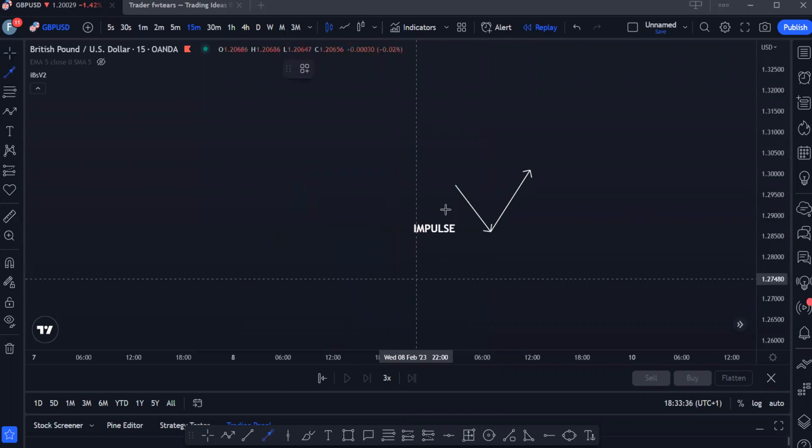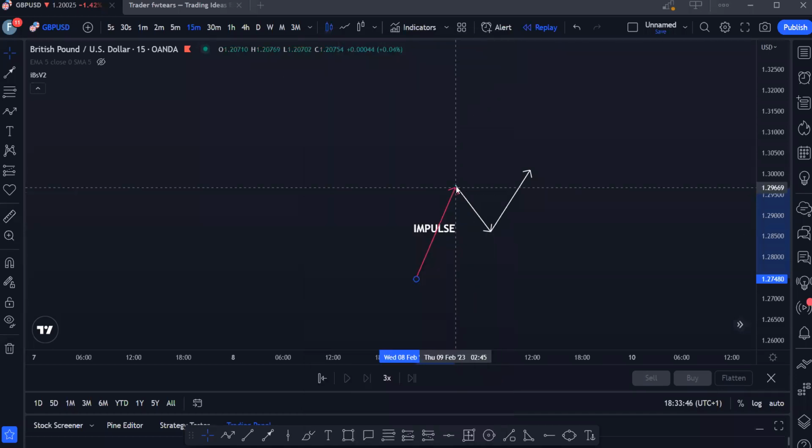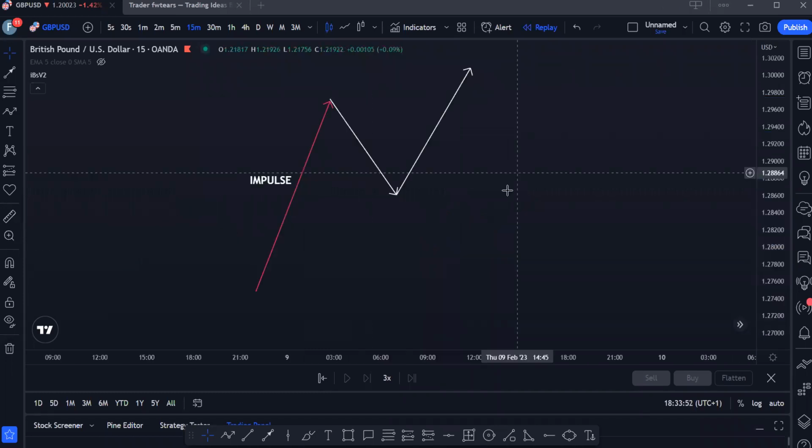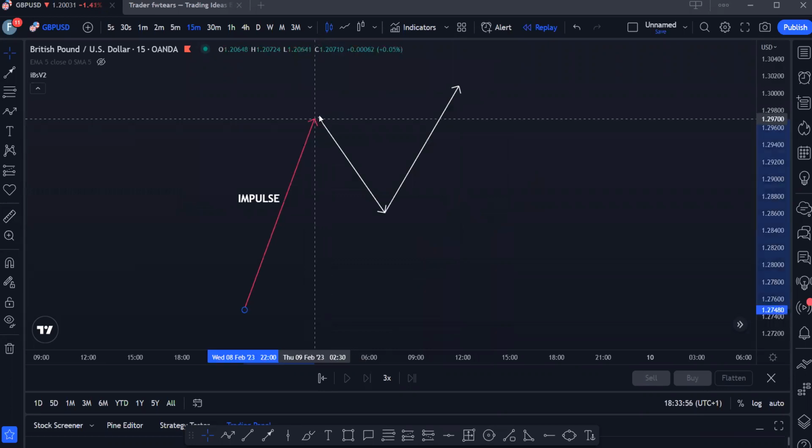Like so, good. So this first move right here is called an impulse move. That's the first thing that you see in a trend. And then you have something that would also go down.